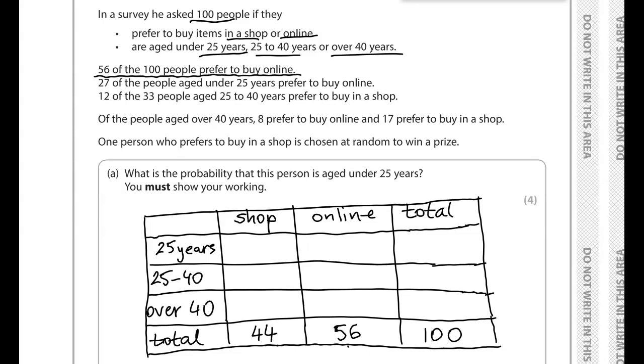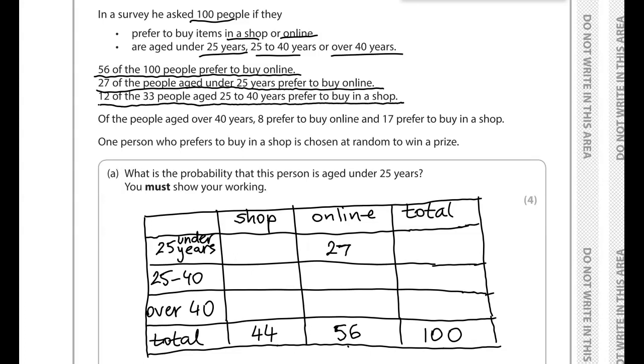27 of the people aged under 25 years prefer to buy online. So under 25 years, online, that is 27 of them. 12 of the 33 people aged 25 to 40 years prefer to buy in a shop.